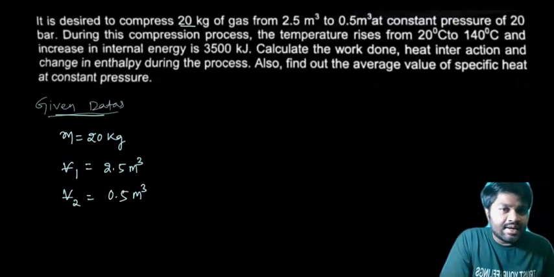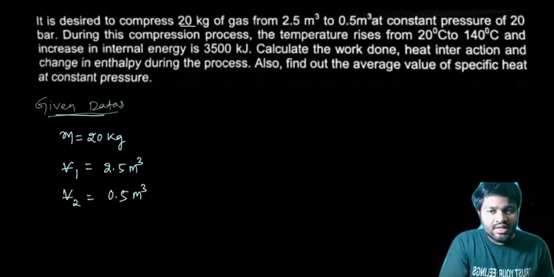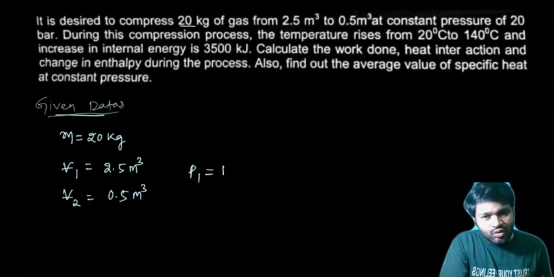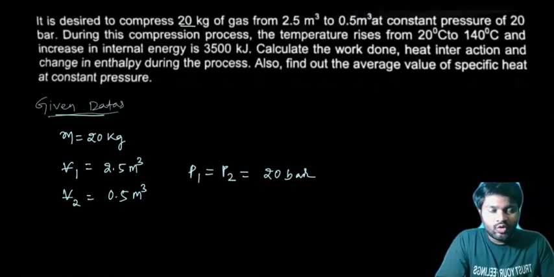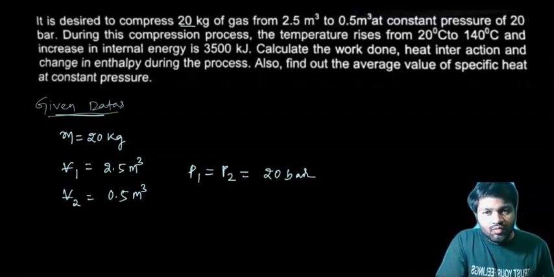Okay, and this is happening during a constant pressure process. That means we can write down this is P1, which will also be equal to P2, that is given to us as 20 bar, right? So initial and final pressure is the same, that is 20 bar. Okay, and during this compression process, the temperature rises. That means temperature initially T1 was 20 degrees centigrade.